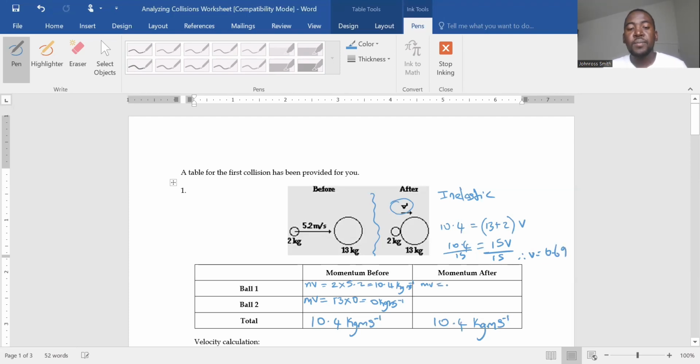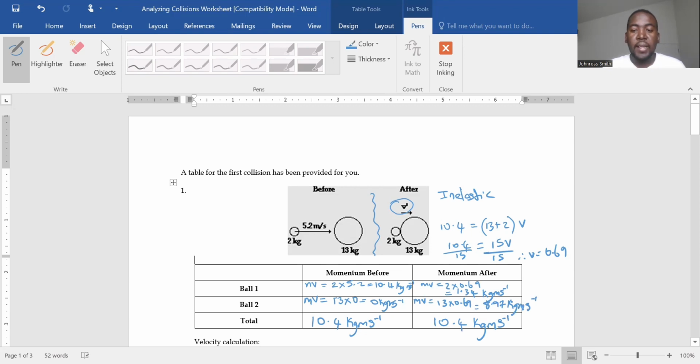So the momentum of the first ball after collision would be 2 times 0.69, which gives us 1.34 kilogram meters per second. And we do the same after collision for the next ball, which is 13 times 0.69, which would be 8.997 kilogram meters per second.